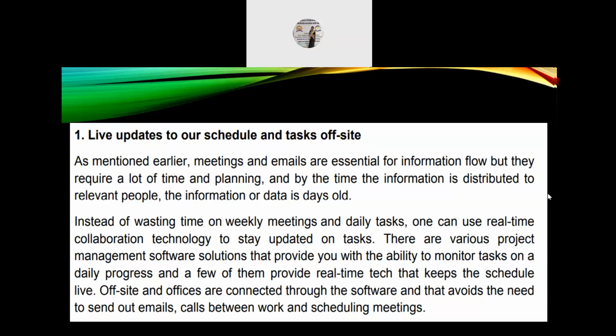So instead of wasting time on weekly meetings and daily tasks, one can use real time collaboration technology to stay updated on tasks. So there are various project management software solutions that provide you with the ability to monitor tasks on a daily progress, and a few of them provide real time technology that keeps the schedule live. So offsite and offices are connected through the software, and that avoids the need to send out emails, calls between work and scheduling meetings.